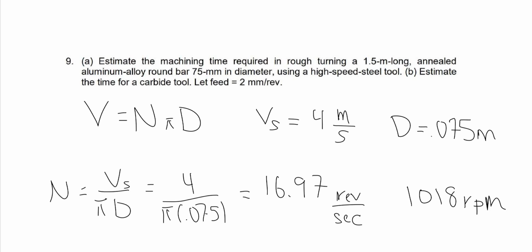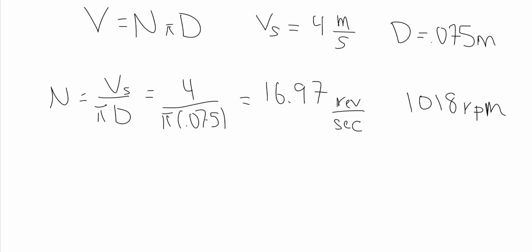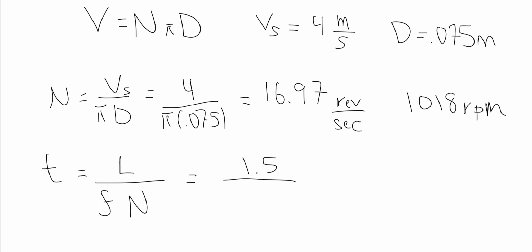Now that we have that, we're going to proceed to use the second formula, which is the time formula. So time is equal to the length of the piece over the feed rate multiplied by our RPM. So going back to the problem statement, the length was 1.5 meters, so we have that. Our feed rate was actually 2 millimeters per revolution, so converting that to meters, we have 0.002.